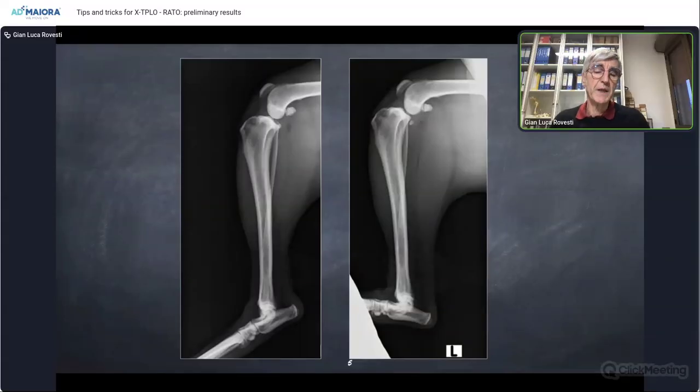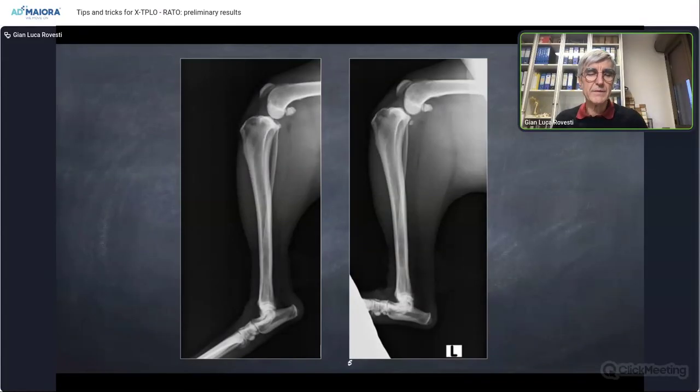This kind of picture not only shows us what happens during the instability due to the rupture of the cranial cruciate, but also, in my experience, is very useful for the owners to understand what we are talking about.